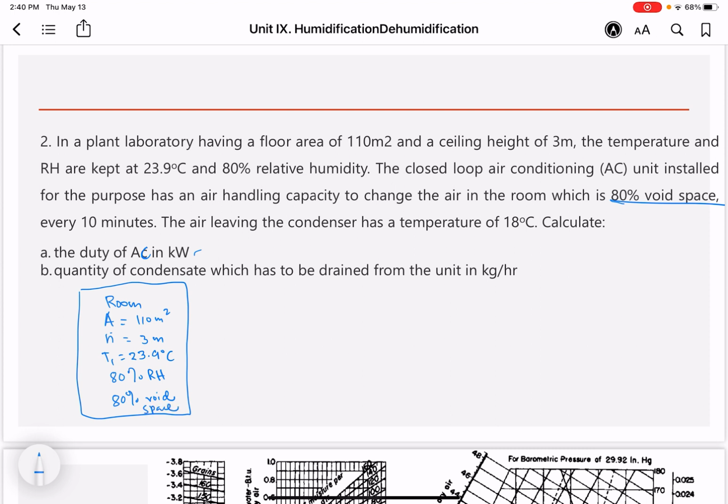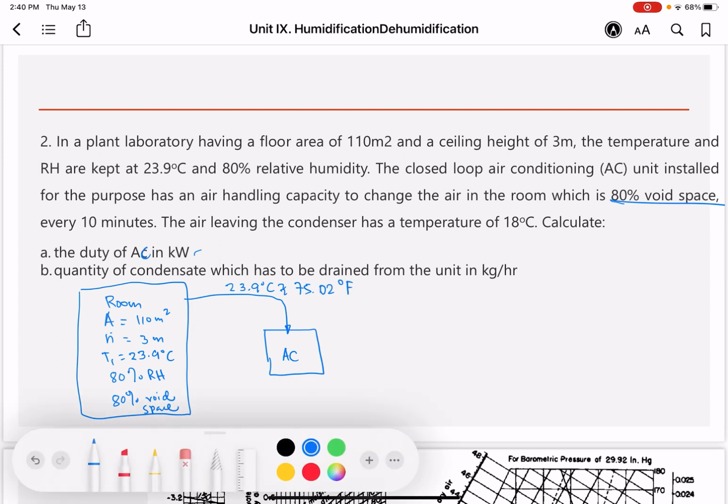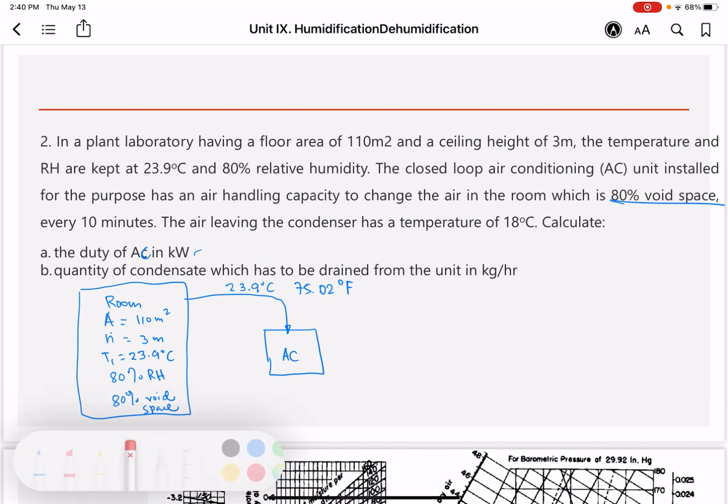Okay, now an air conditioning unit, assuming this is my AC. So you have here the one incoming to the AC is the same, which is 23.9 degrees C, or that's roughly 75.02 degrees Fahrenheit, and 80% relative humidity, RH.